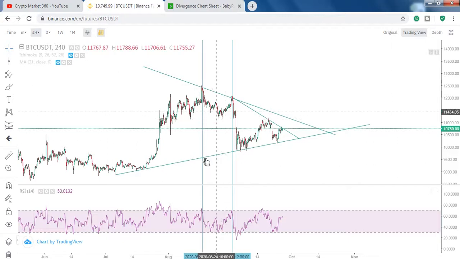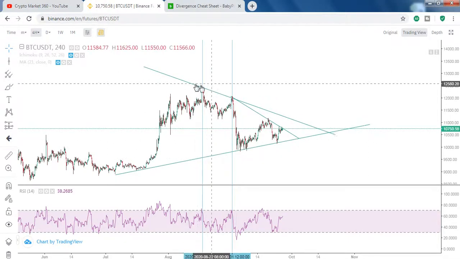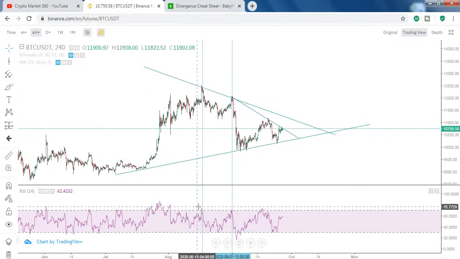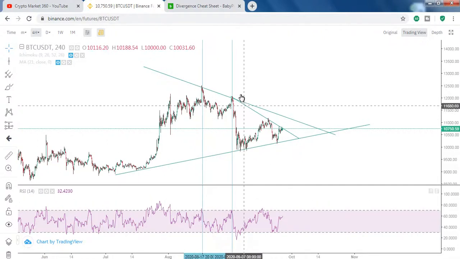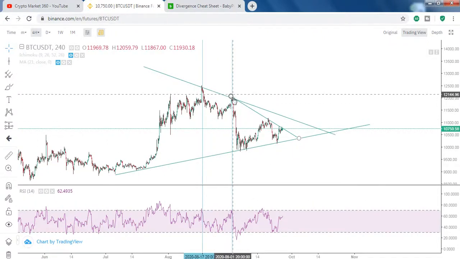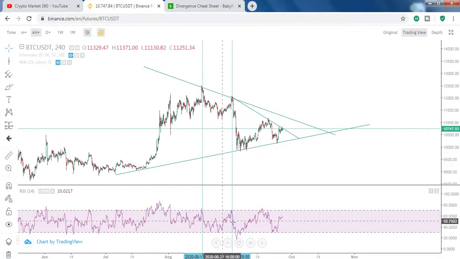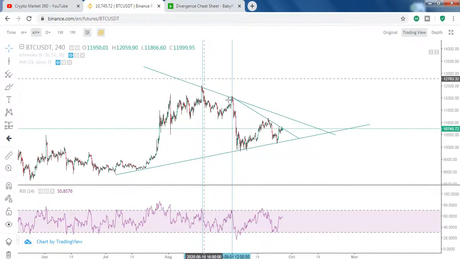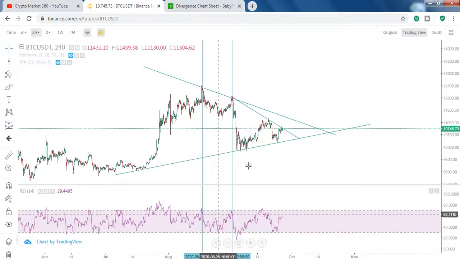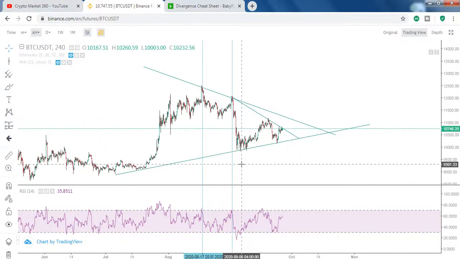So here you can say that the price made a higher high, and the RSI also moved, that's okay. But the price next made a lower high, while the RSI made the same height. So there is a difference between this movement and this movement. This is the divergence in RSI.